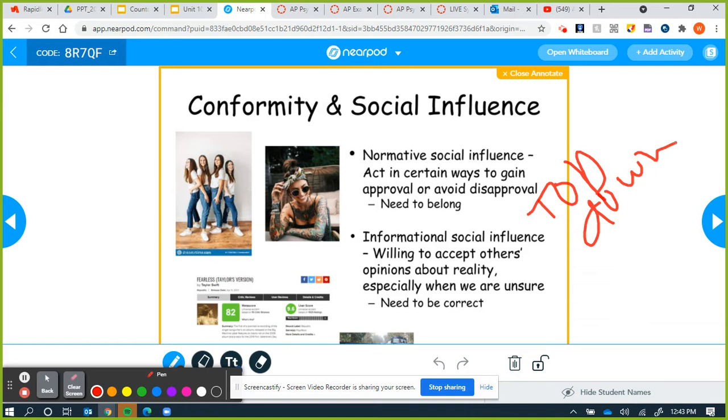Informational social influence is this idea that, especially in situations that we are unsure of, in environments that maybe we don't know, in new situations, we are willing to accept what other people believe to be correct if we are unsure of ourselves.